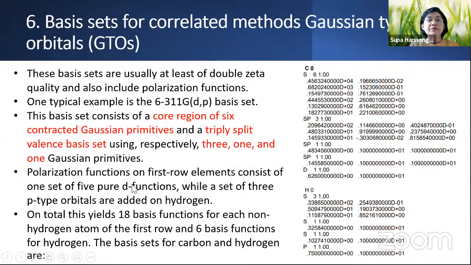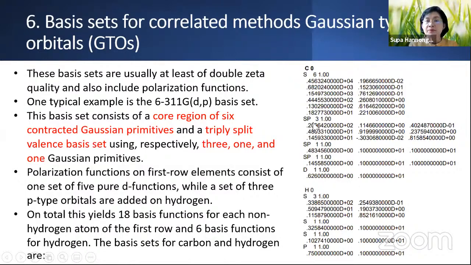For the polarization function on the first row elements, a set of 5 d-type functions is used, while a set of 3 p-type orbitals is added on the hydrogen. In total, this yields 18 basis functions for each non-hydrogen atom of the first row and 6 basis functions for hydrogen.